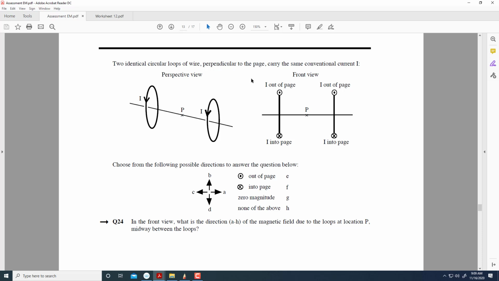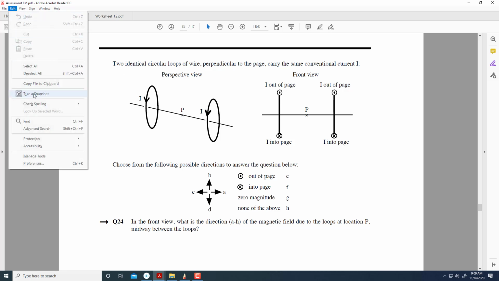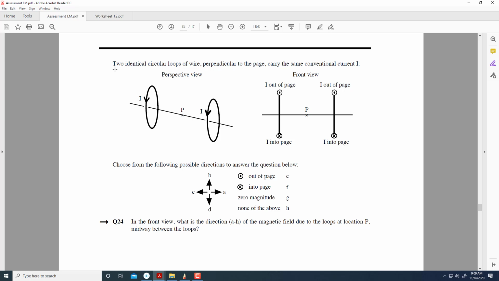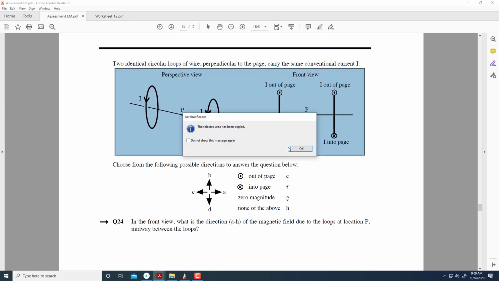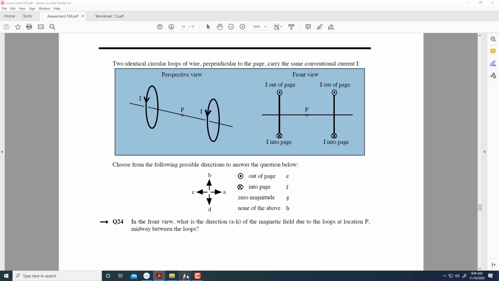Hold this loop with your fingers, pointing your thumb down. Your fingers are pointing to the right. So both have the magnetic field in the right direction. You need to be very clear with this one, because we'll be using it very frequently, as there are lots of right hand rules in this chapter.